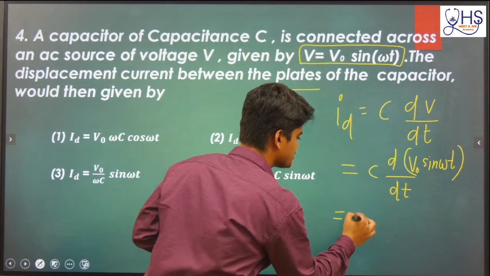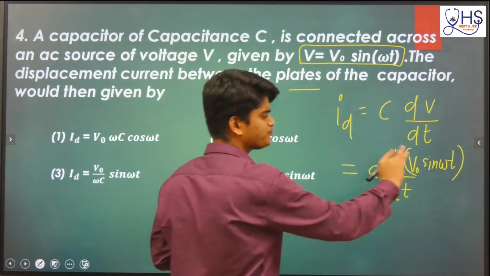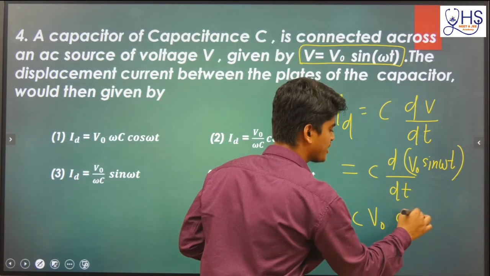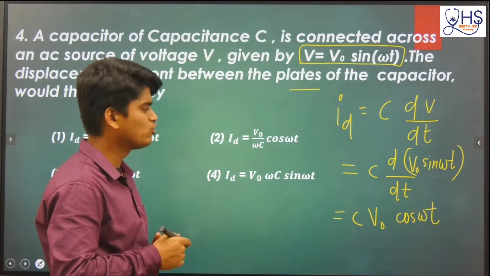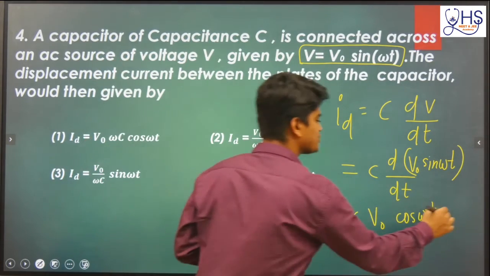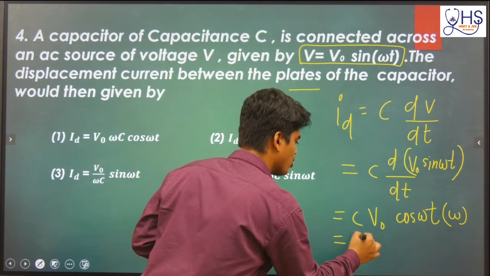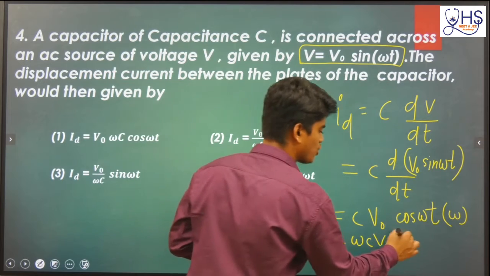Here C is a constant, and V naught is a constant, so it comes out of the derivative. The derivative of sin omega t is cos omega t, and one omega will come out of the derivative also. Combining this, it becomes omega C V naught cos omega t.